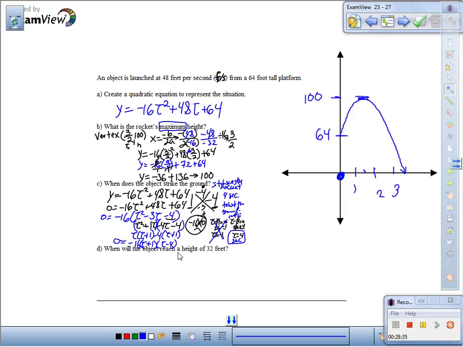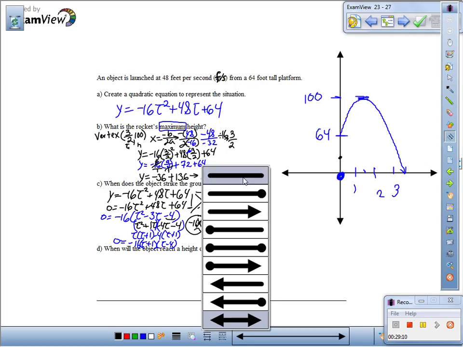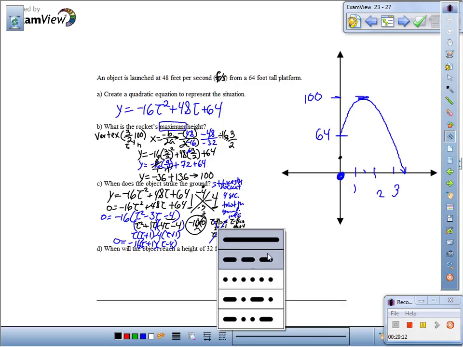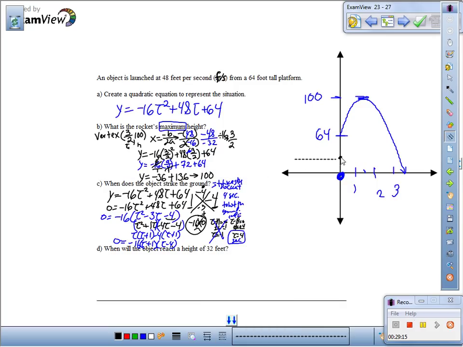Next, look at the last question. When will the object reach a height of 32 feet? Well, where did we start at? 64. So 32 is somewhere down here, is that correct? So that means they want to see when the rocket will reach that height, 32 feet.